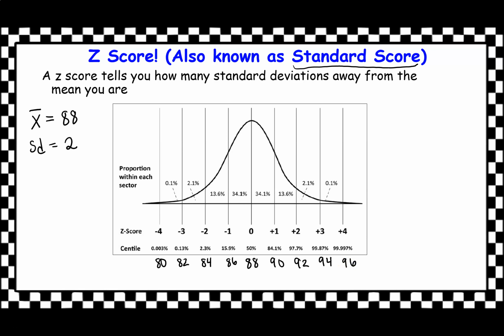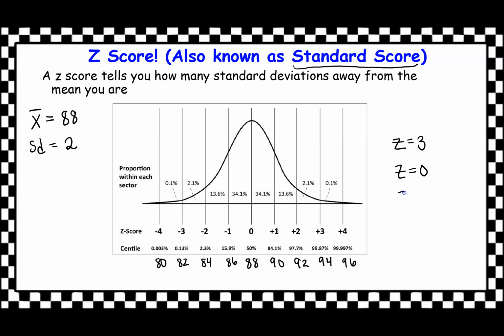All right, now, if I told you that my z-score on this test was a 3, you would know that I'm significantly above average, and more specifically, you would actually know that my score was a 94. If I told you that my z-score was 0, you would know that I'm exactly average, meaning that my score was an 88.